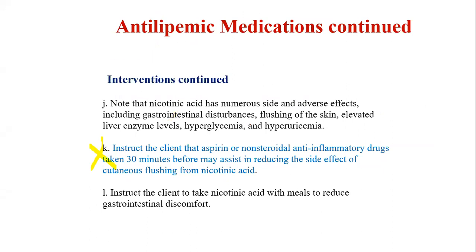What next? Note that nicotinic acid has a few side and adverse effects that I told you about, including GI disturbance like vomiting and diarrhea, flushing of the skin or hot flush, elevated liver enzyme level, hyperglycemia, and hyperuricemia.